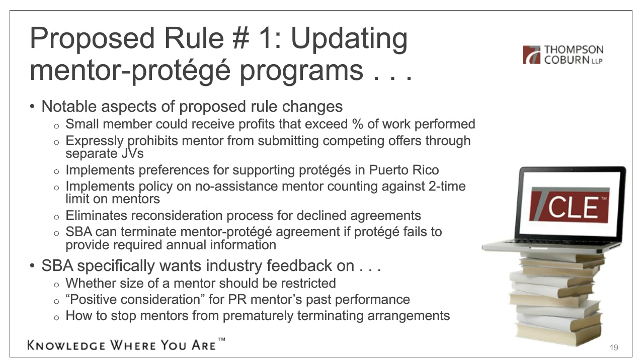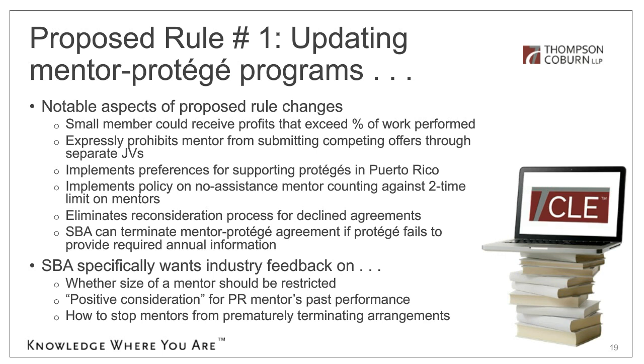So what SBA had been doing was basically allowing those proteges to show that they hadn't gotten any assistance from the mentor, and SBA was saying, you know what, we're not going to count that against you. This rule would actually just implement that policy into the regulations.